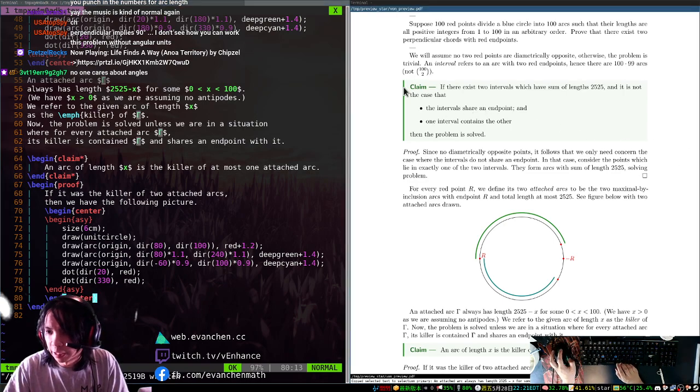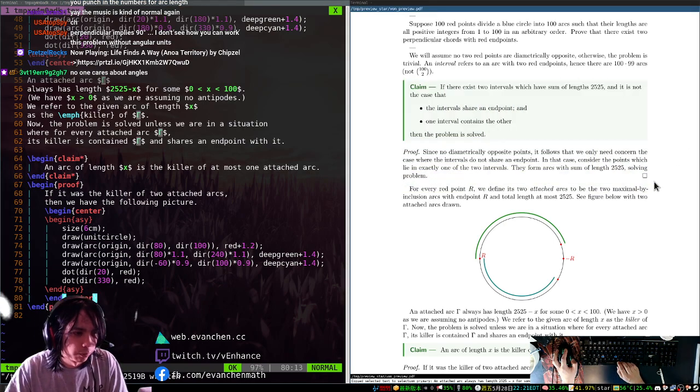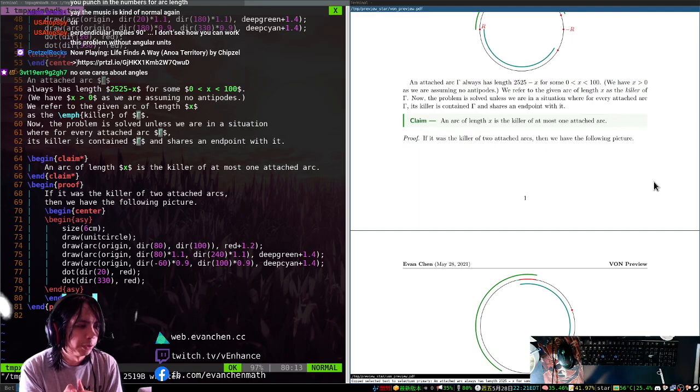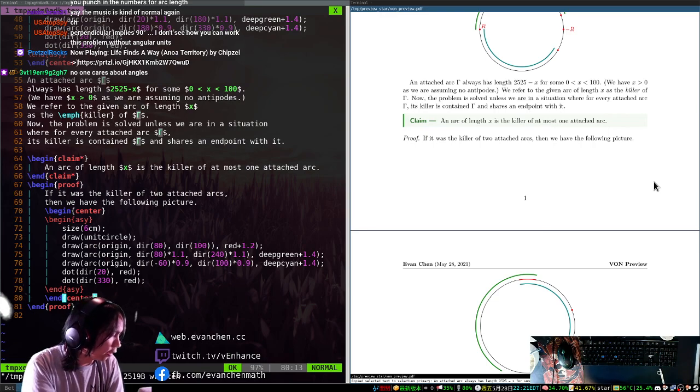The angle condition I'm capturing inside this claim. The measure of the angle between the two chords is exactly given by the average of the arc measures of the two things. The reason I'm not thinking about the degrees is because you only care about the fraction.